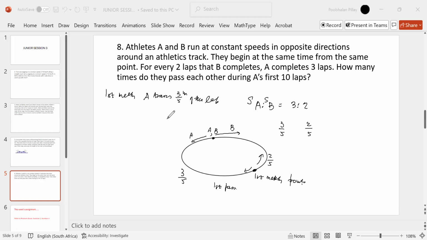Now, the second meeting, A would have traveled 2 times 3/5 of a lap. Each time they meet, A would have traveled 3/5 of a lap because he travels more than the other fellow. So like that now, they say, how many times do they pass each other?